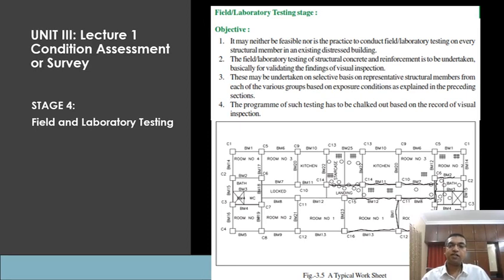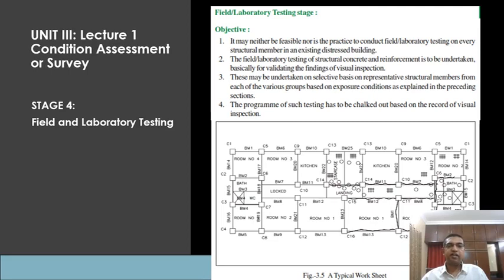The program of such testing, like in the preceding section, it is mentioned that for columns, one side is exposed to sun and rain, the other side not exposed. This is one set of columns. Another set of columns is exposed to both sun and rain from all sides. Another set of columns is not exposed to sun and rain at all.